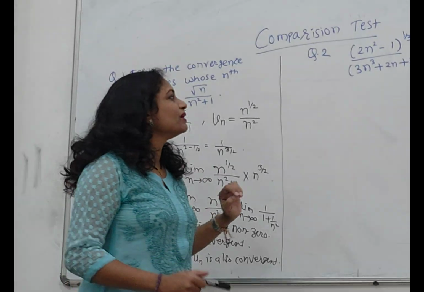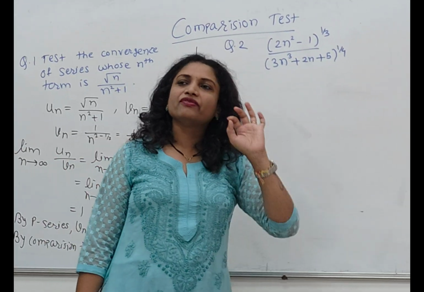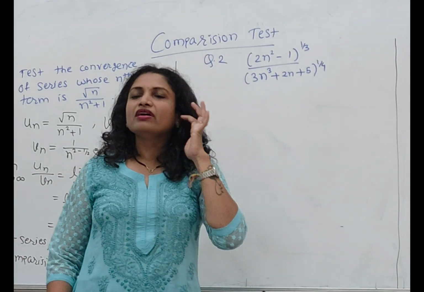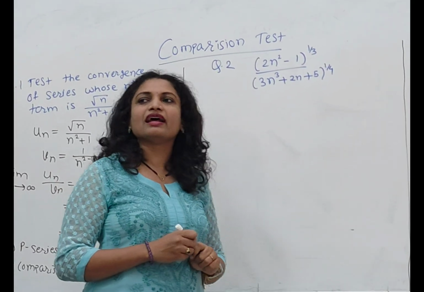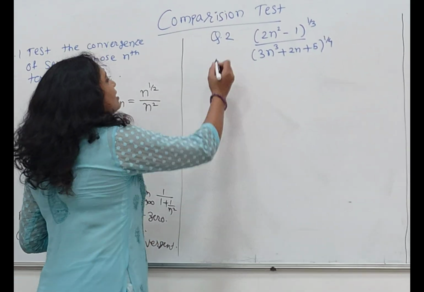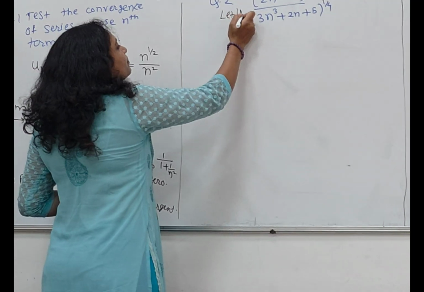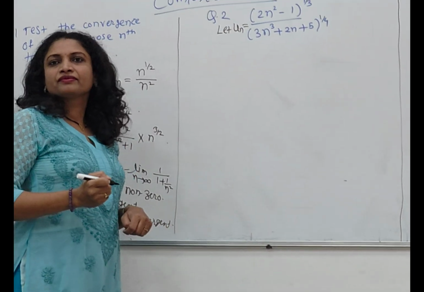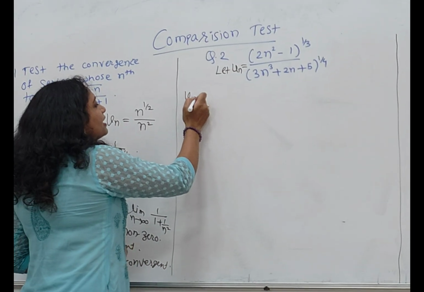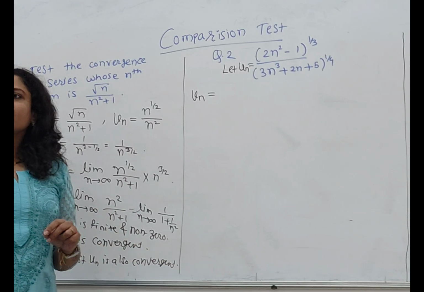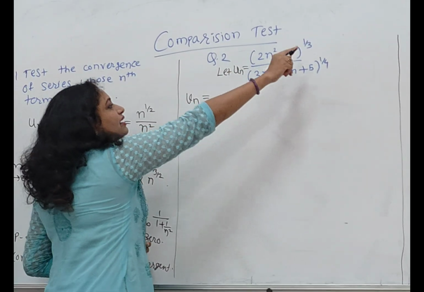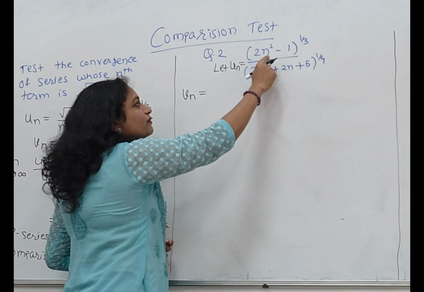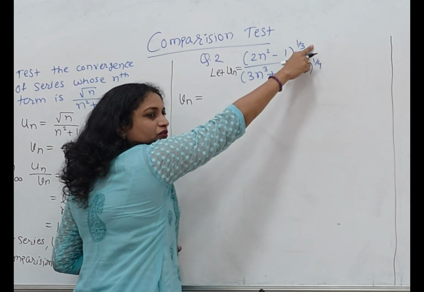Let's see another example. It looks complicated, but in every example, what you need to do is calculate Bn from the highest powers of the numerator and denominator. So here, let it be Un. To calculate Bn, let's find the highest power of n step by step. What is the highest power here? n square. What is the power on it? 1 by 3.